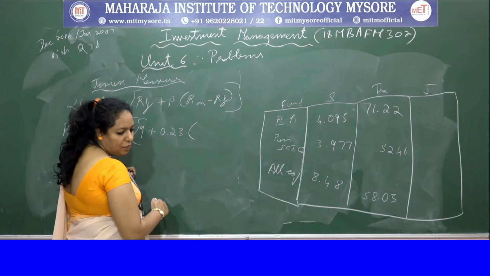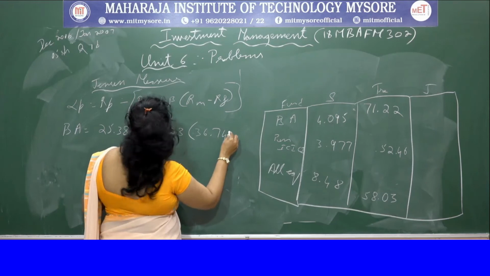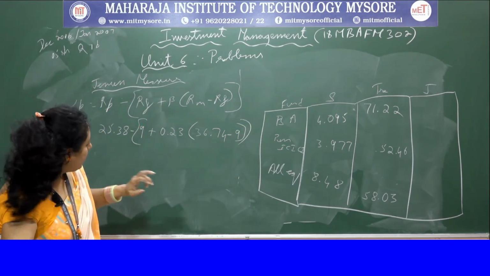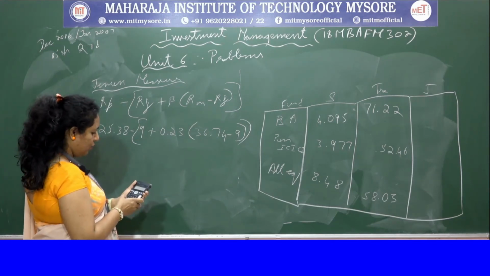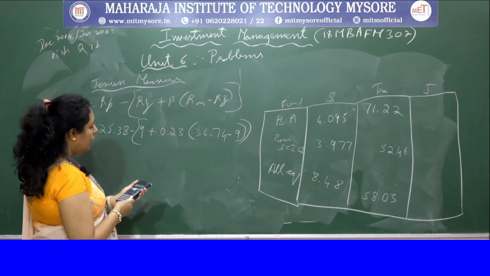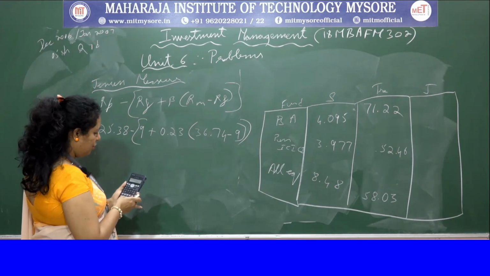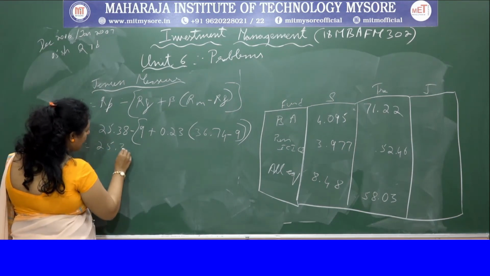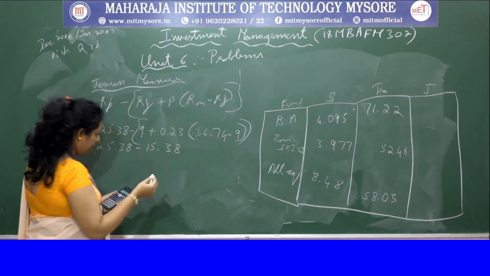So 36.74 is the market Rm. Okay. Market return. So 36.74 minus 9, you get 27.74 into 0.23 plus 9, you get 15.38. Then 25.38 minus 15.38.